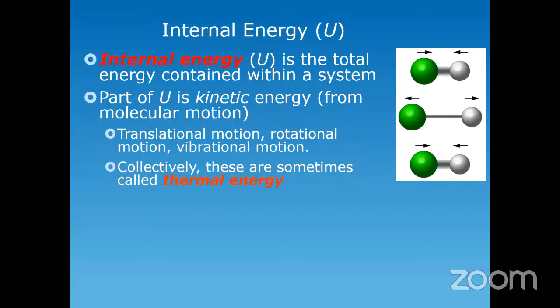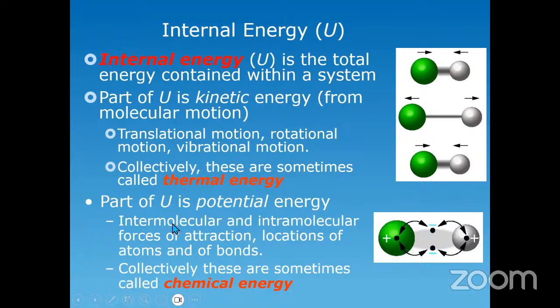You can have rotational motion, where if you're dealing with a molecule, the molecule will be rotating around a particular axis. And then you can have the third type, which is vibrational motion, where if you have two atoms connected by a bond, you can have this type of motion, all right? So collectively, these are called thermal energy. And the main reason why is because those motions are usually related to temperature changes. So we call collectively those types of energies thermal energies.